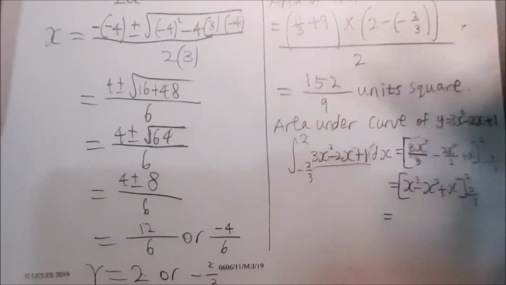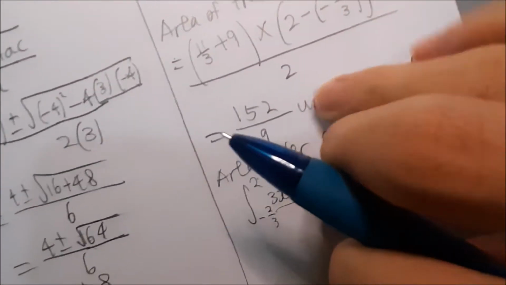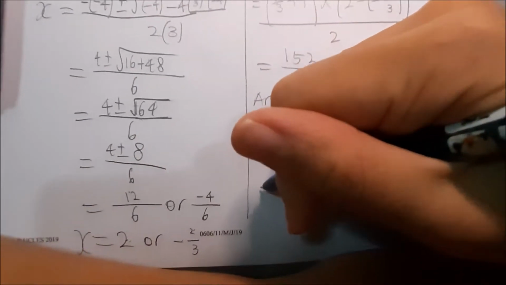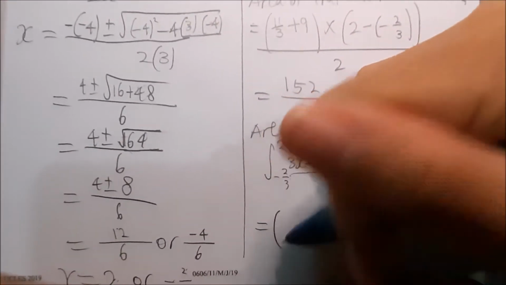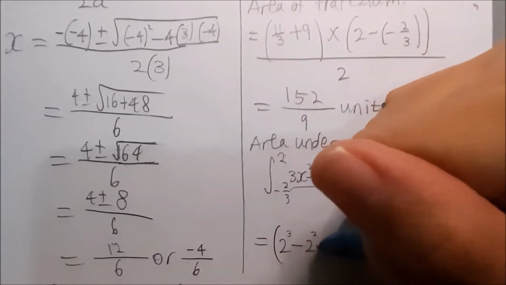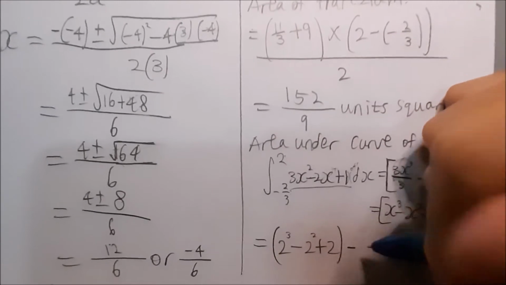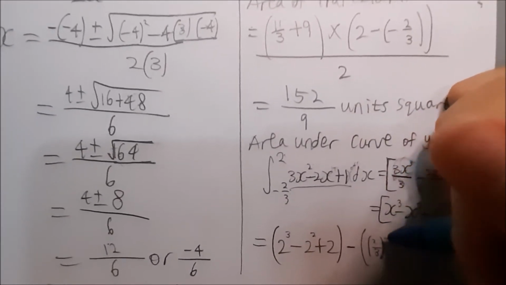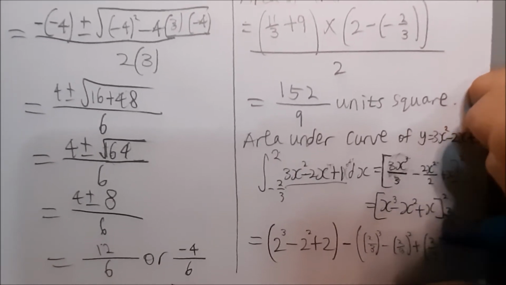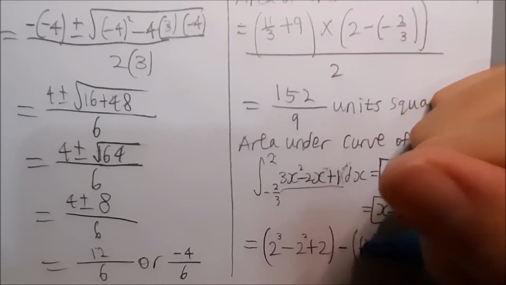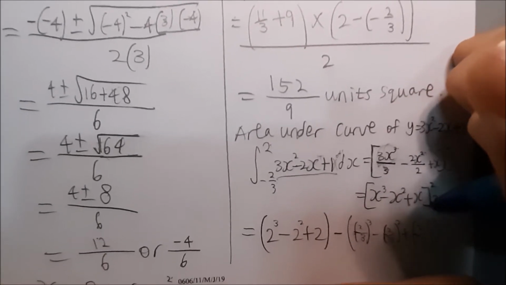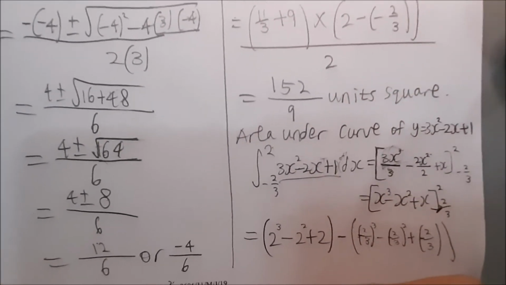Then from here you can just simplify it to give you 2 cubed minus 2 squared plus 2, minus 2 over 3 cubed minus 2 over 3 squared plus 2 over 3. Forgot to add the negative signs. Always remember the negative signs in front of the 2 over 3. This is actually negative 2 over 3.